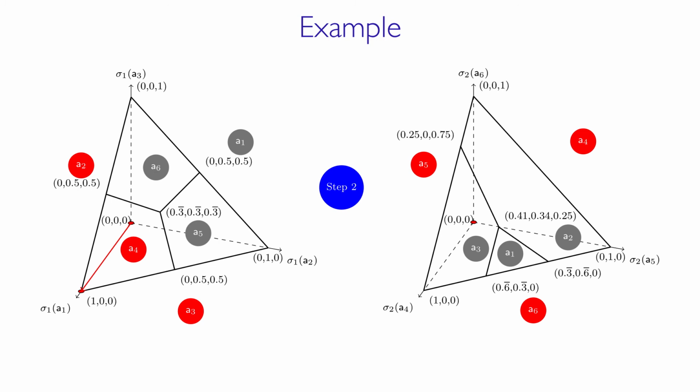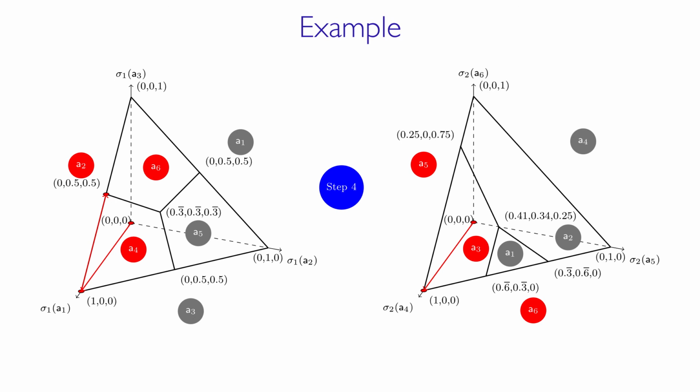The second occurrence is in the simplex of player 2. In order to lose the label A4 in the simplex of player 2, we need to move along the red arrow. Now we have that the label A3 appears twice, and we need to lose label A3 from the simplex of player 1. We do that moving along the red arrow.